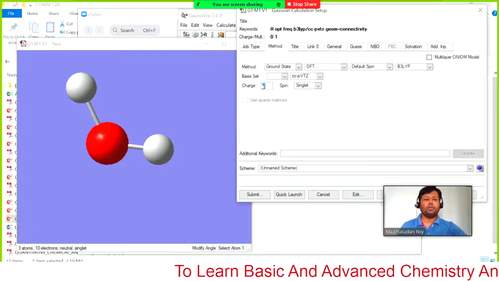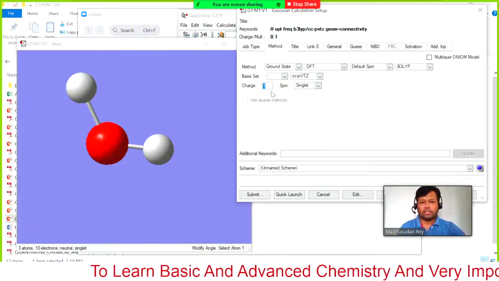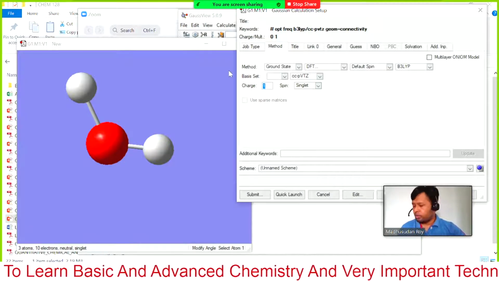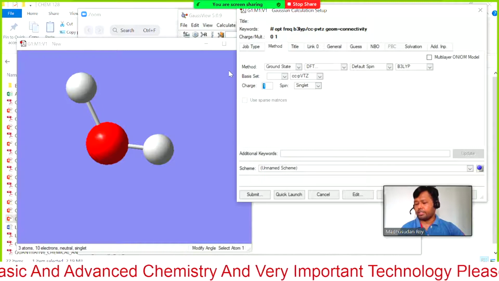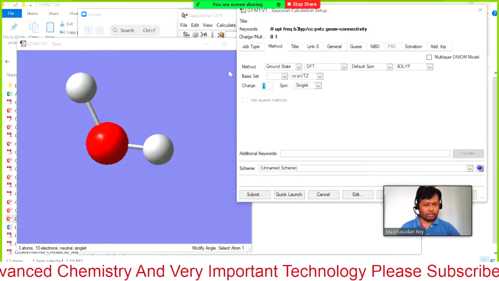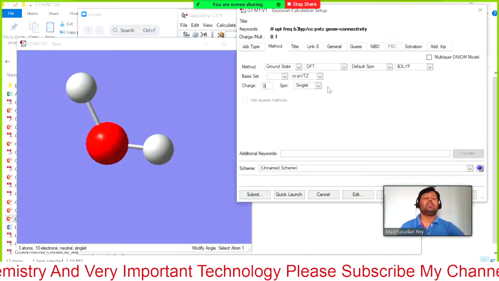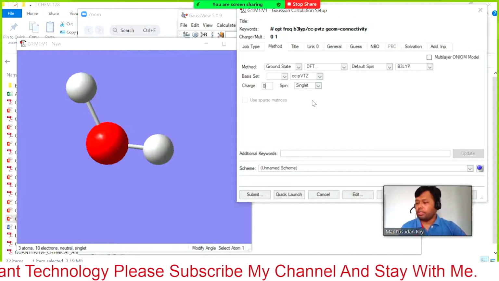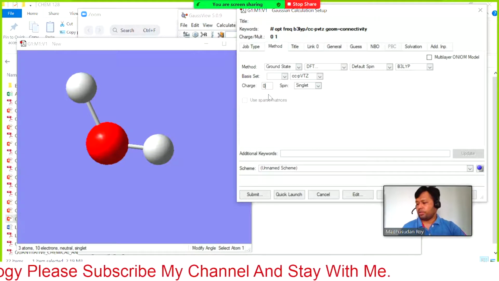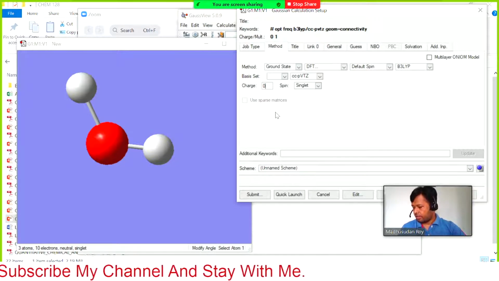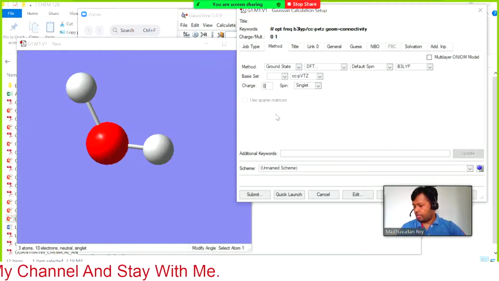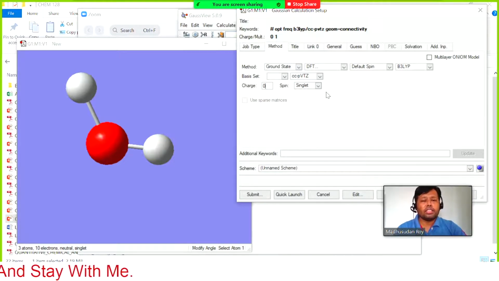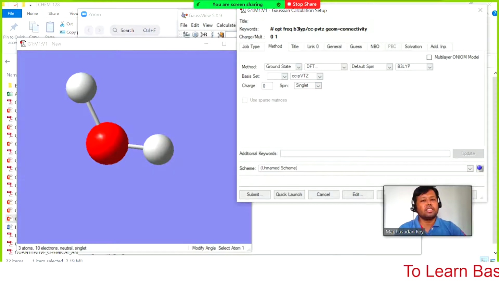We need the structure neutral, so we are putting 0 charge. Multiplicity, spin, you don't need to think about right now. If you have a neutral charge, you don't need to think about singlet or triplet, it will automatically select when you put the charge 0 or 1.